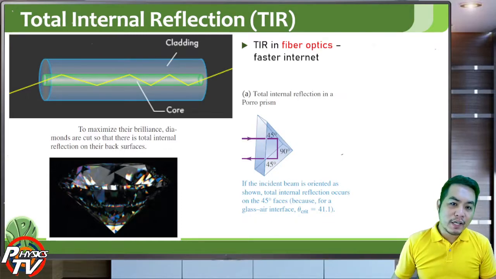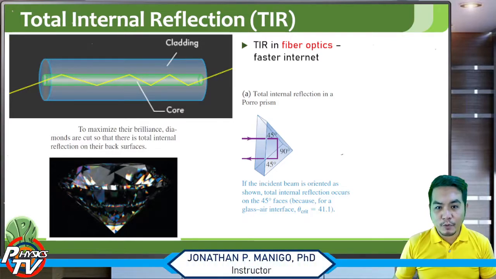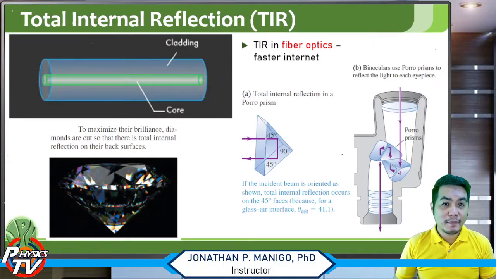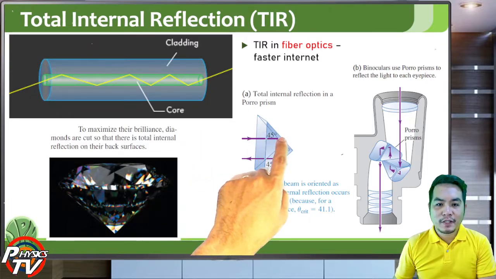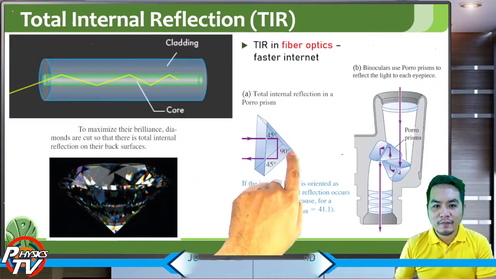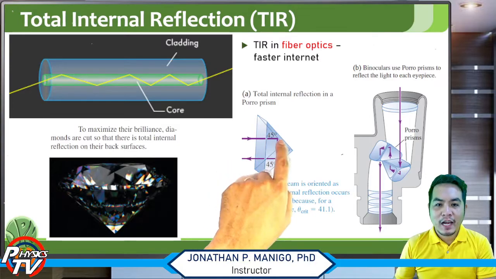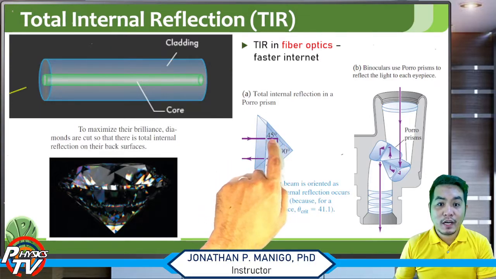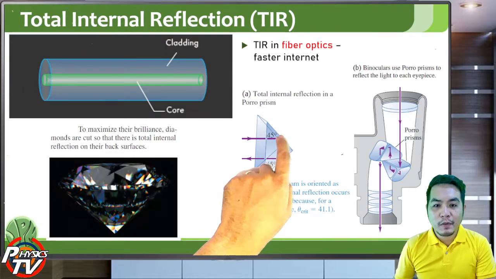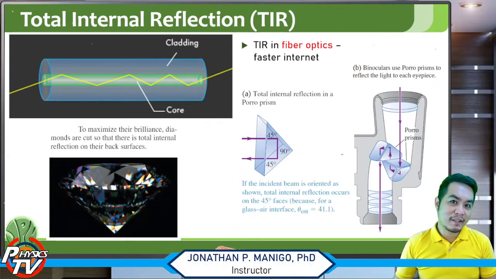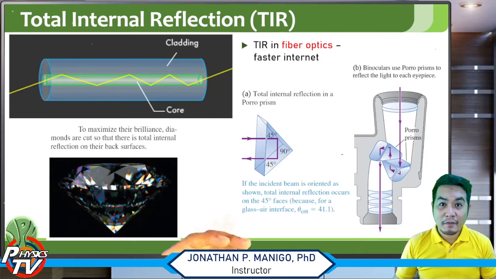There can also be total internal reflection in a porro prism. Porro prisms are usually used in binoculars. So that's also total internal reflection. On this side here, this boundary here, light is bent in such a way that there will be no light leaking there. So it's purely reflection.